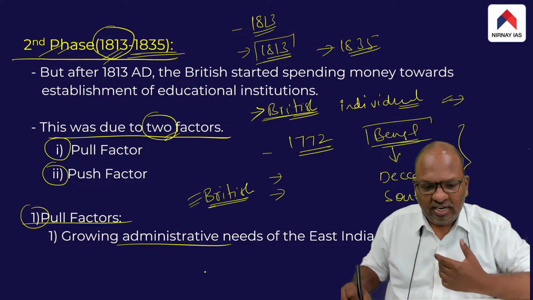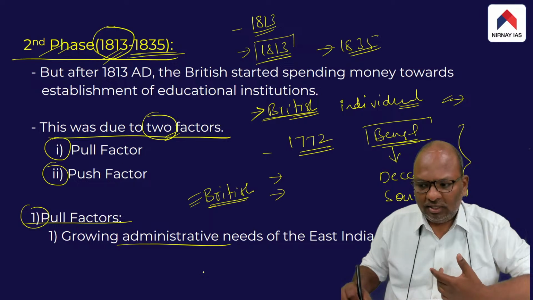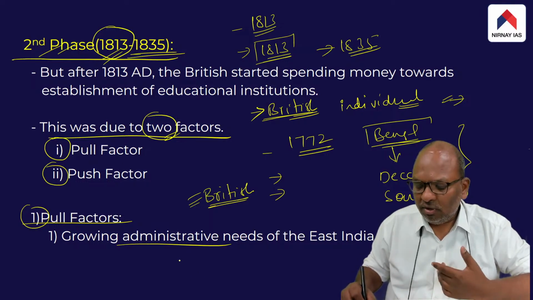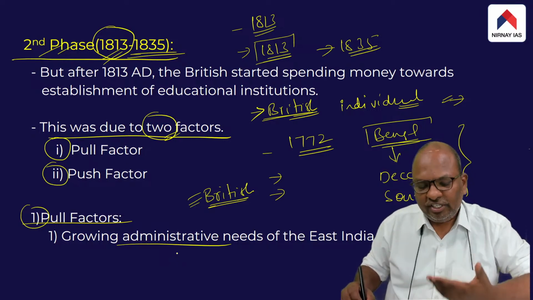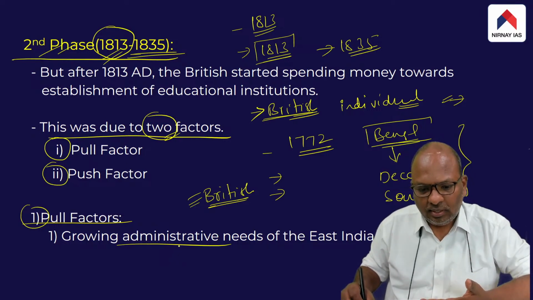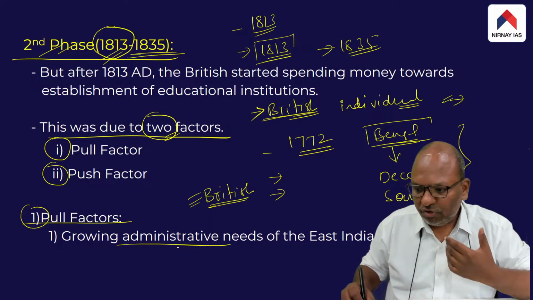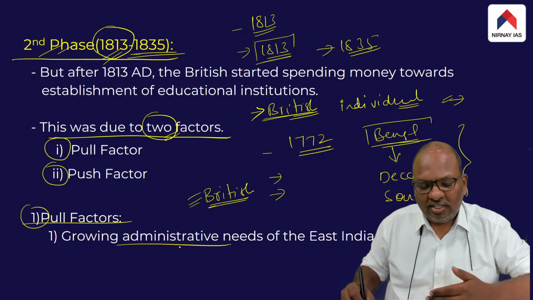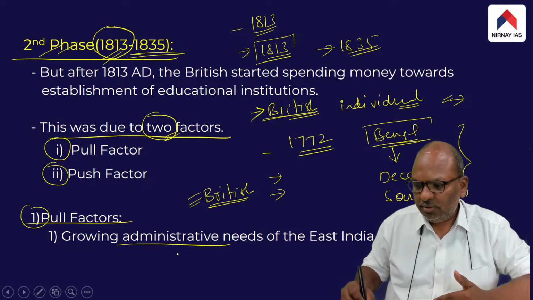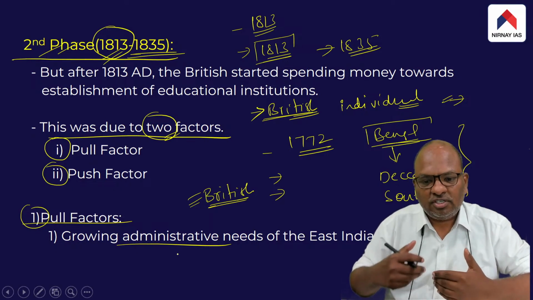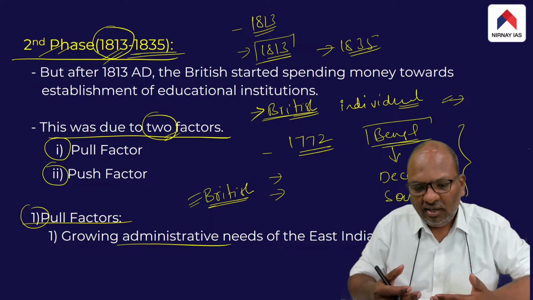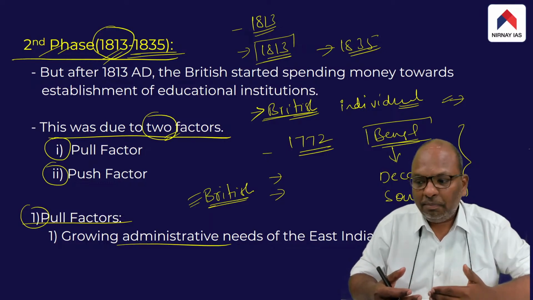The British wanted the natives of India to have some knowledge of English, so that they could be appointed in the administration and their services could be used by the company at cheaper prices.